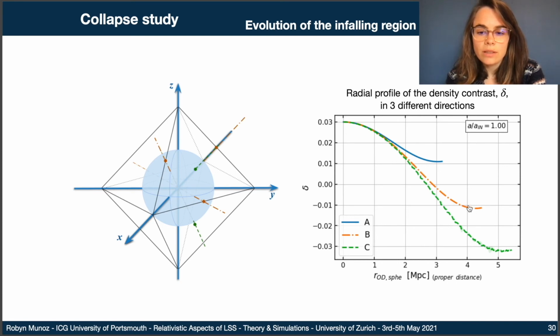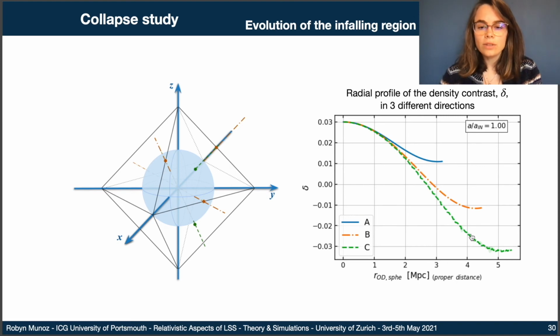The other ones, starting with B, this direction corresponds to the direction midway through the main axis, and here you have a larger range of delta values, and this section goes through an underdense part.